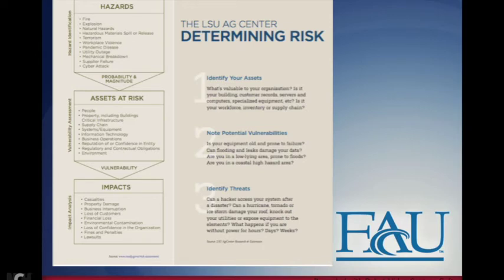That includes identifying your assets, noting potential vulnerabilities, and identifying your threats. It's important to identify what hazards are most prone for particular areas, look at the assets that would be at risk under each of those different hazard risk scenarios, and look at the potential impacts.